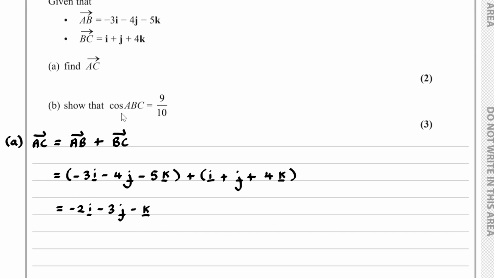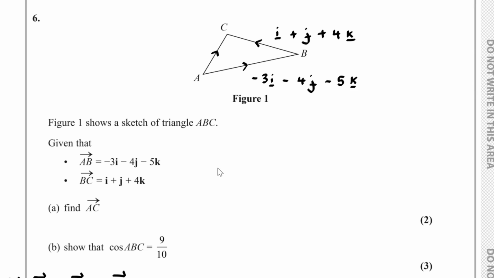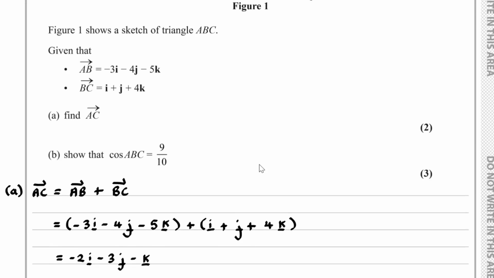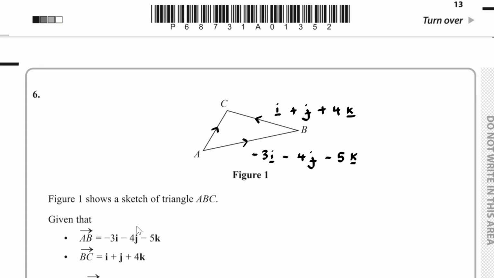For part B, we have to show that the cosine of ABC is equal to 9/10. Before we do that, let's add on this vector AC. AC is minus 2i minus 3j minus k.